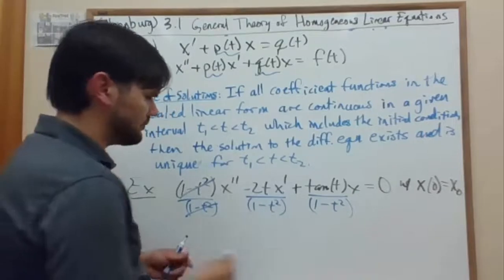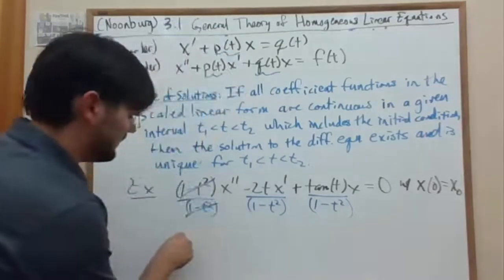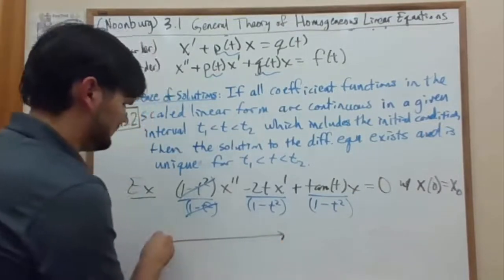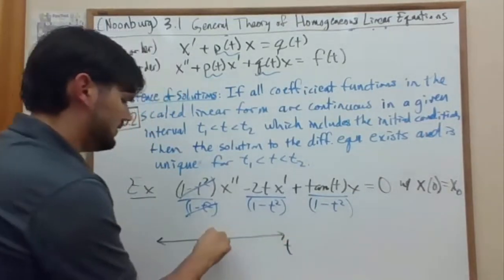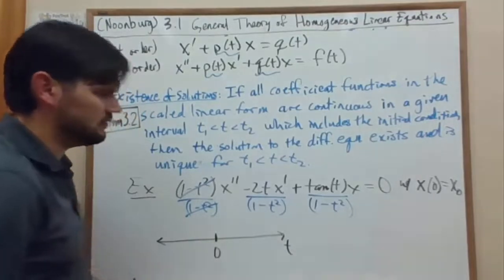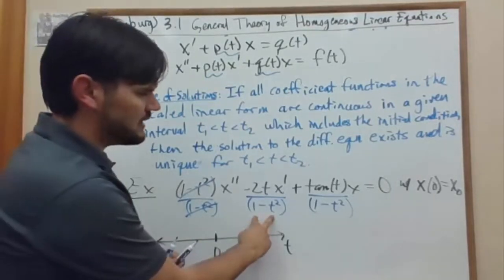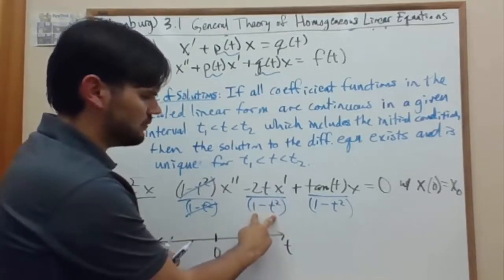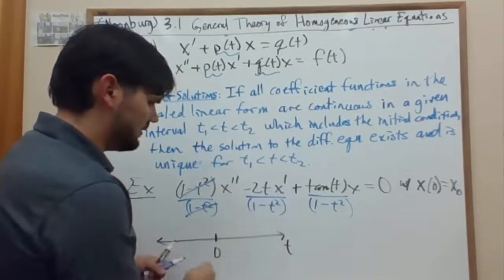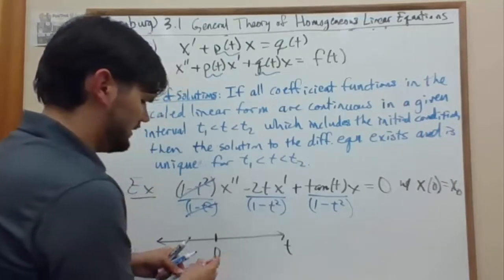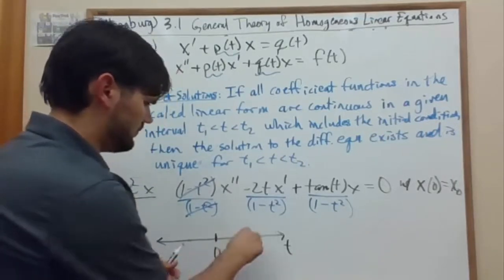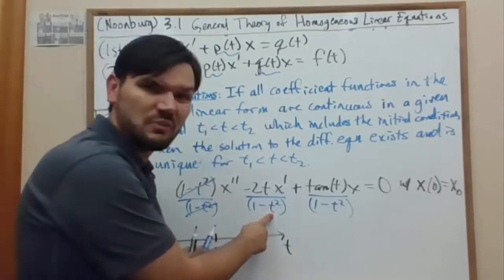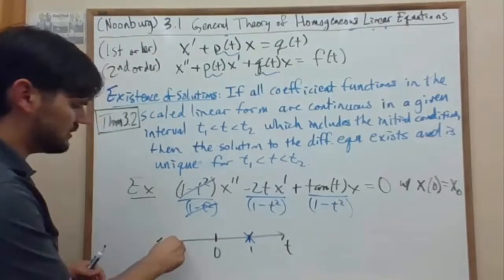So let's draw our time. Here is 0. And what values of t blow up here? Well, when t is equal to 1, certainly. So let's knock out t equals 1. And then when t equals minus 1, it also knocks out. So I'll go over t equals minus 1.